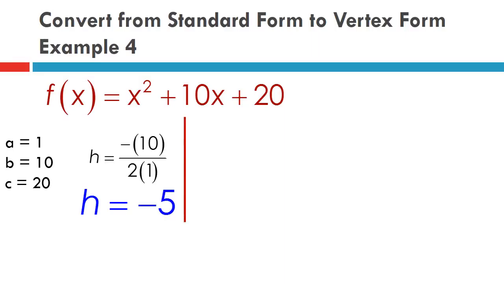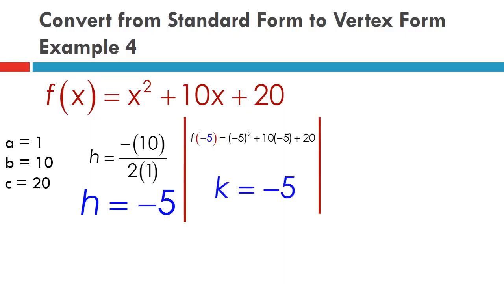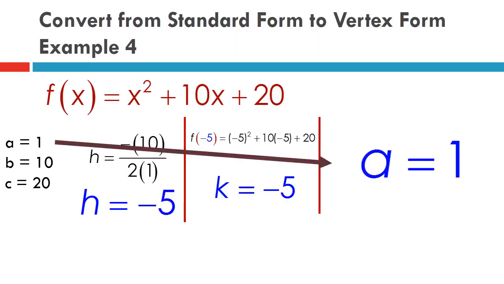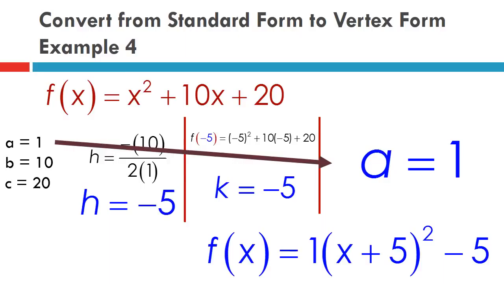Now I plug negative 5 in, and I get k is equal to negative 5. My a value stays the same. a is 1. And so there we have x plus 5 squared minus 5.